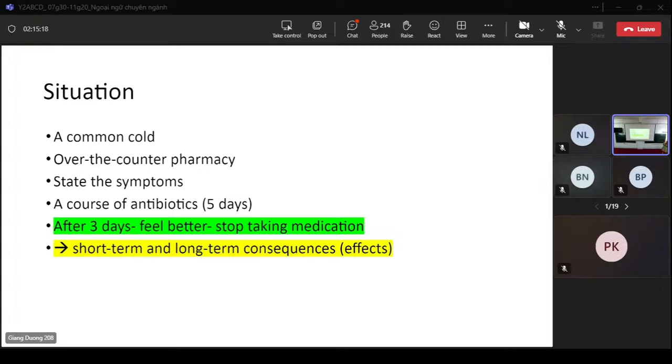That's the short-term and long-term consequences in our health. So when we use medication, you need to be careful, fully understand the use, the dose, side effects of that medication. That's the concordance.